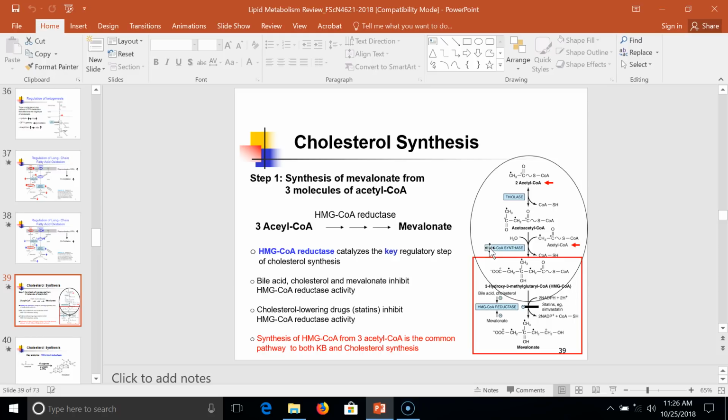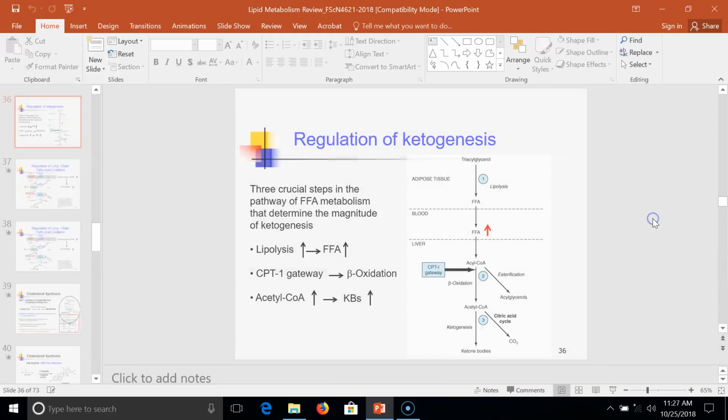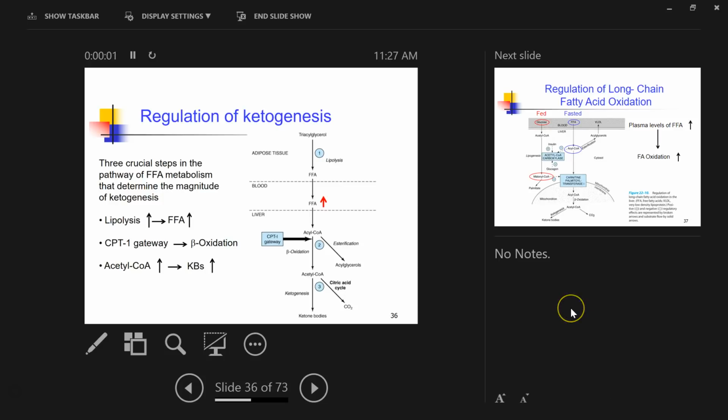And 47. What are the key regulators of ketone body synthesis? Let me see. If you still remember, we talked about 3 key regulators. Regulation of ketogenesis is the level of fatty acids or lipolysis rate.